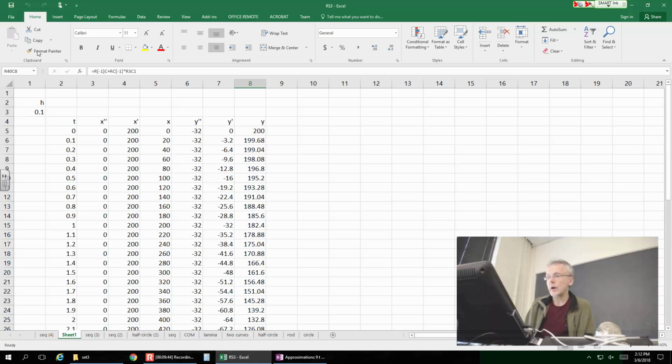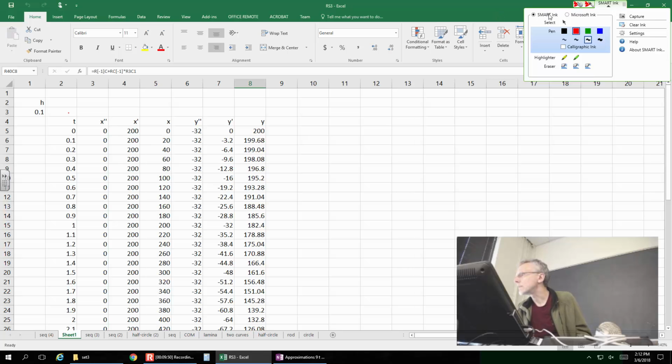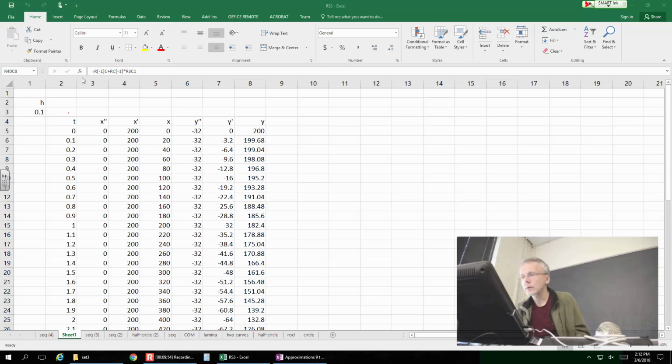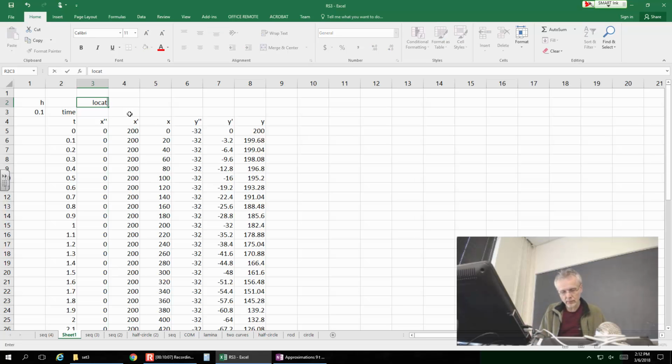So let me comment here and add some labels. Okay, what is this? This is time. This is the horizontal. Above is location, but we have one horizontal and three values.